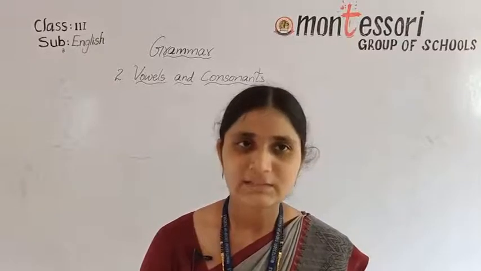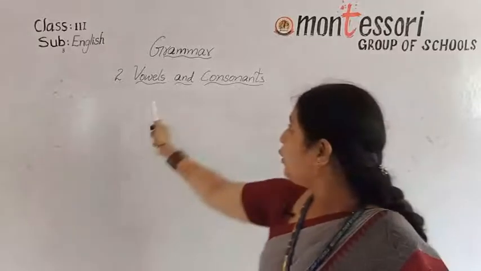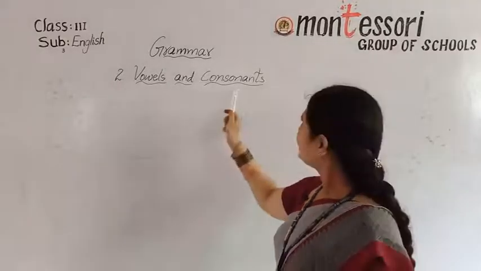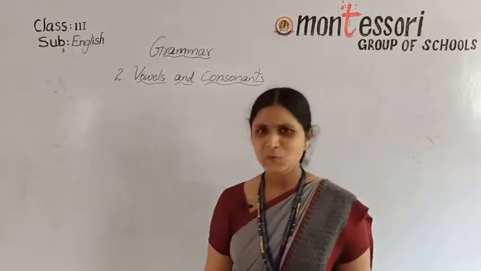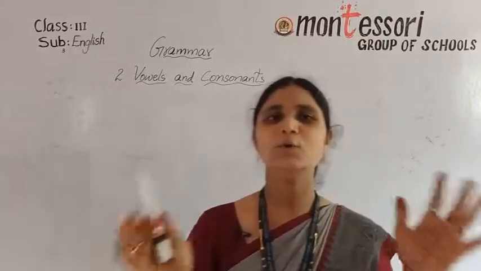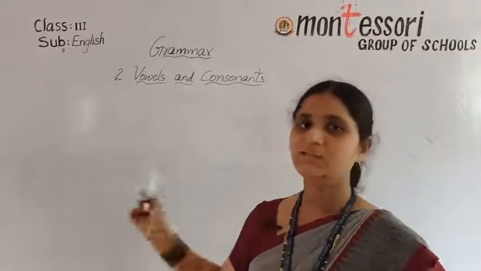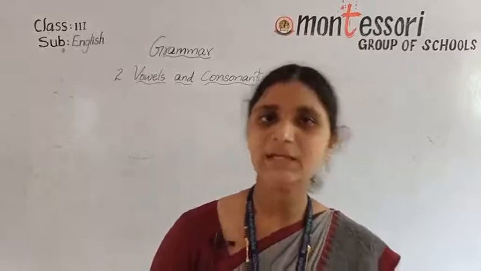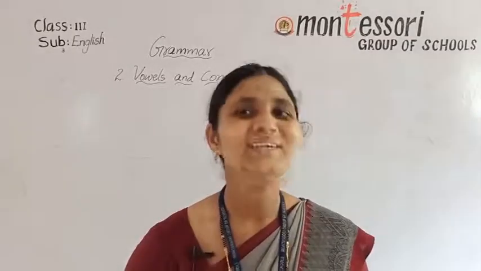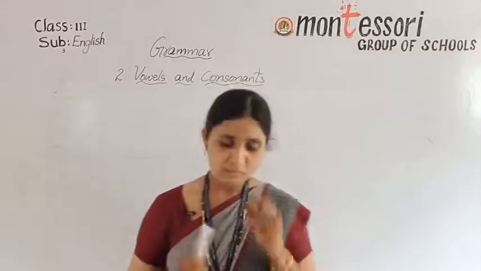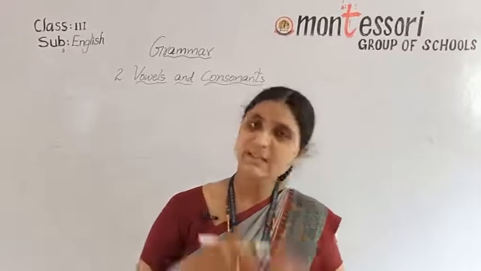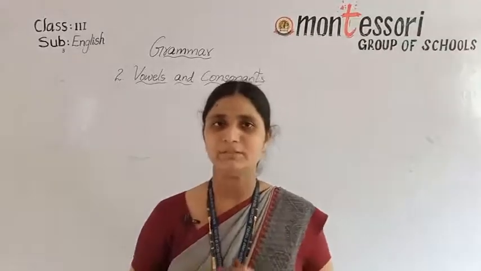And the second lesson is vowels and consonants. I know, my dear, you all know about vowels and consonants, about all the alphabets. Am I right? So, see, my dear, I'll once again explain to you about the alphabet.